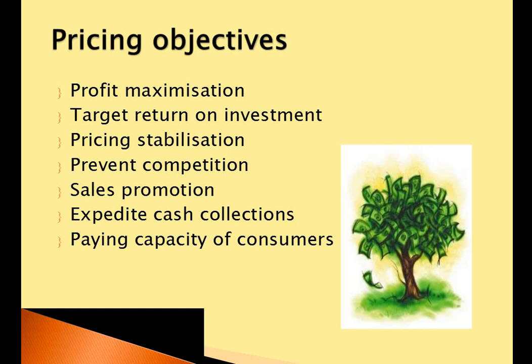The third most important pricing objective is to keep the prices stable in the market scenario, even though there are too many competitors prevailing in the market. We have to maintain or stabilize the pricing depending on the nature of the competition. Beyond price stabilization, the price also helps in preventing competition in the market.